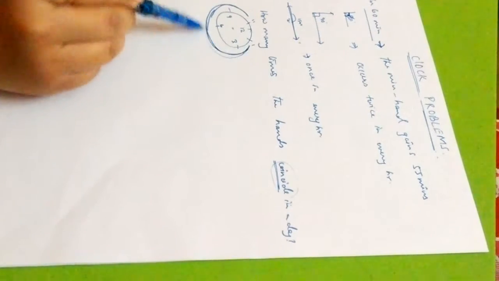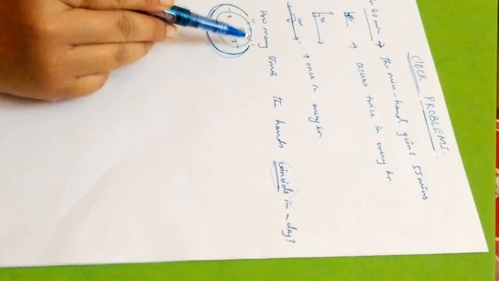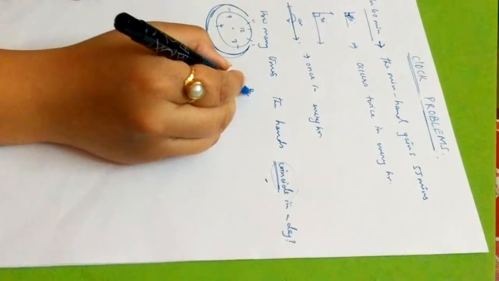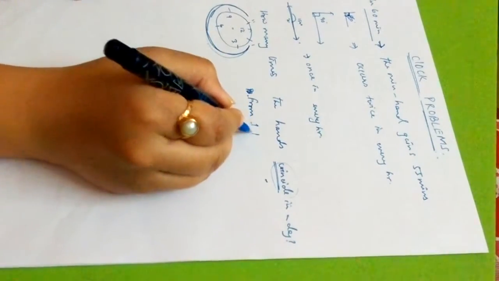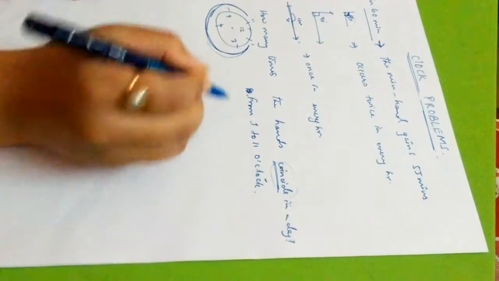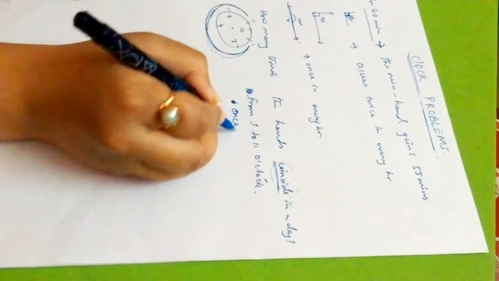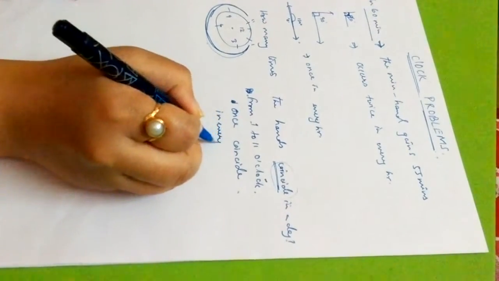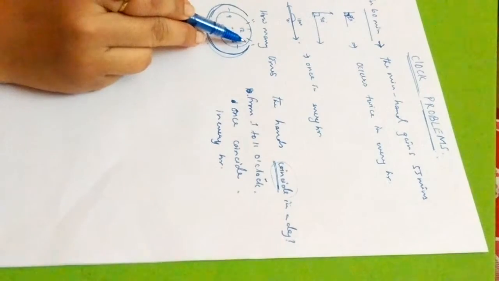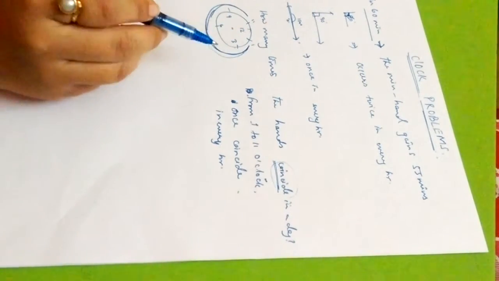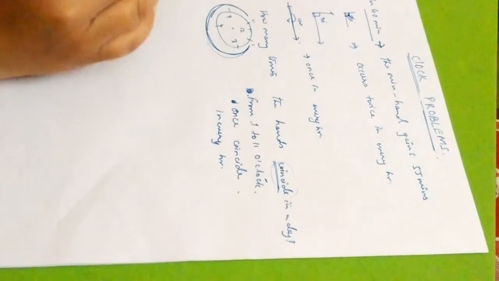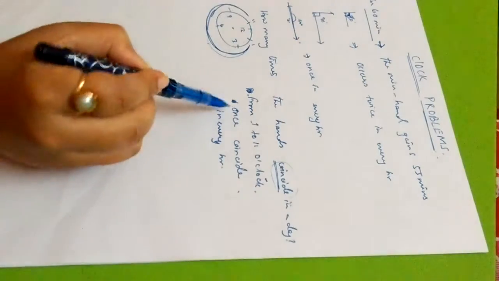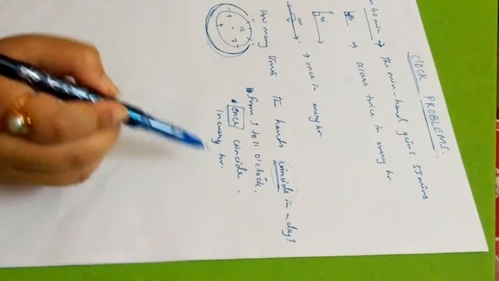In this total area, we can find that in each hour once the coincidence occurs, so from 1 to 11 o'clock, once they coincide in every hour, like 1:05, 2:10, 3:15, 4:20, 5:25, 6:30, 7:35 and so on.